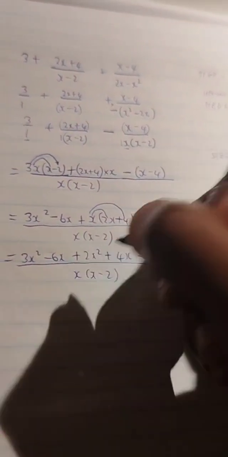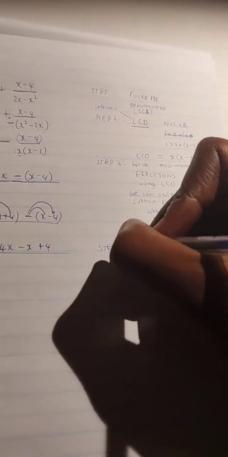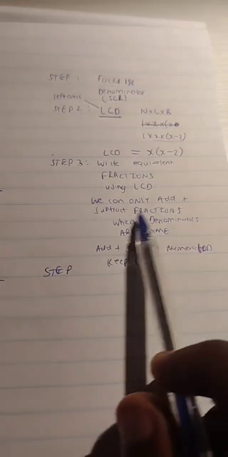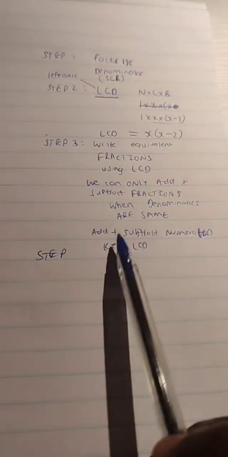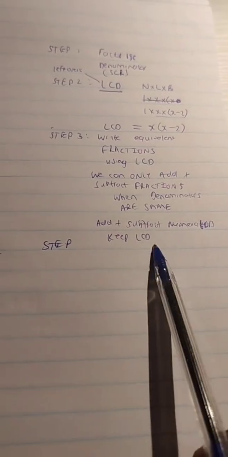Now we are going to look for like terms. Step 4. Remember, I said we can only add and subtract fractions when the denominators are the same, which is the case here. So what we do is we distribute, add and subtract like terms whilst keeping the LCD. So we are going to add and subtract like terms.